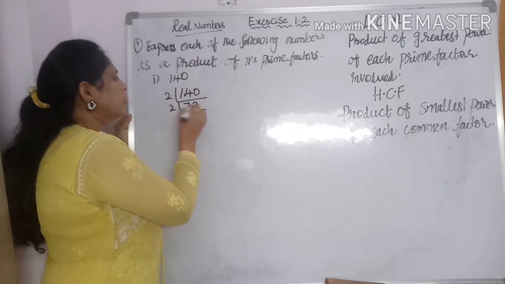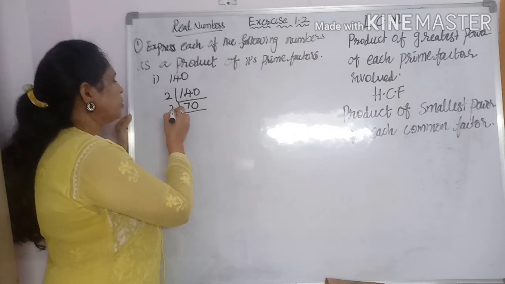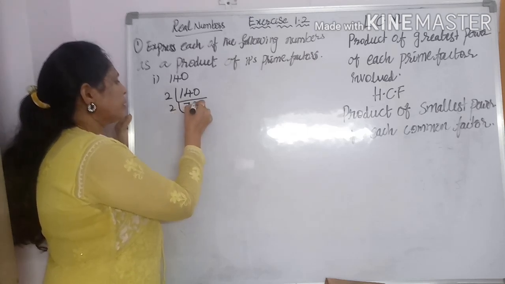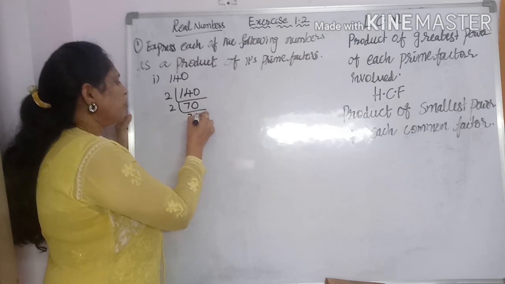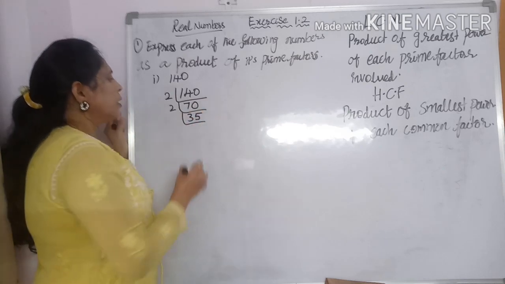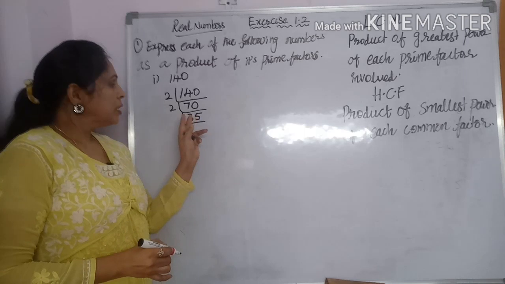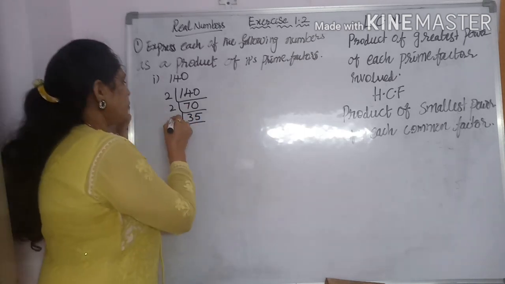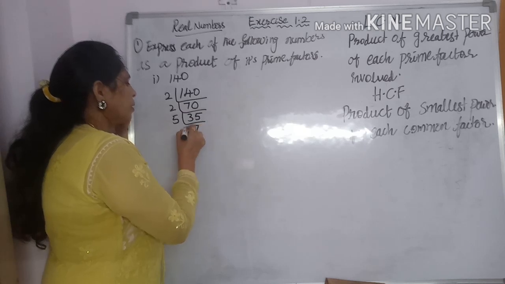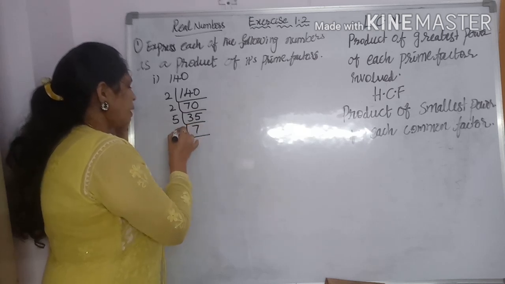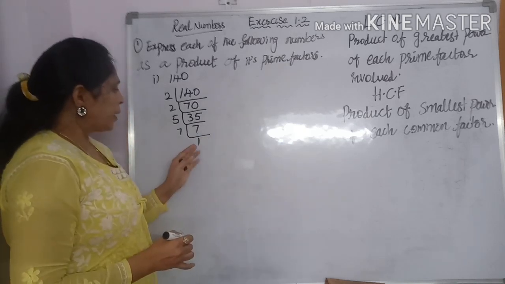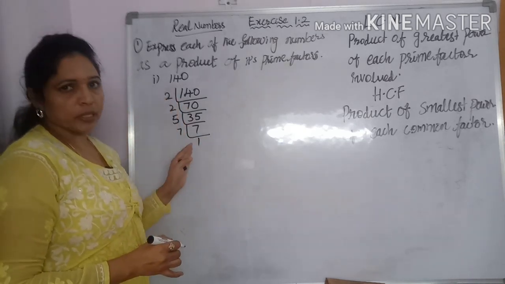Next, again 0 in units place, take 2. 2 3s are 6, 1 is remainder, 10, 2 5s. Then when you have 5 in units place, go with the 5 table. 5 7s are 35. Then 7 is a prime number, 7 1s are 7. Whenever you get 1, stop this process.